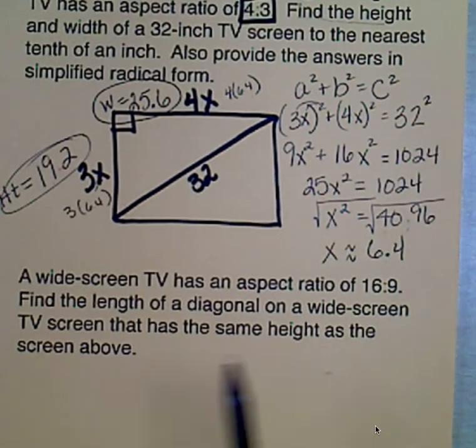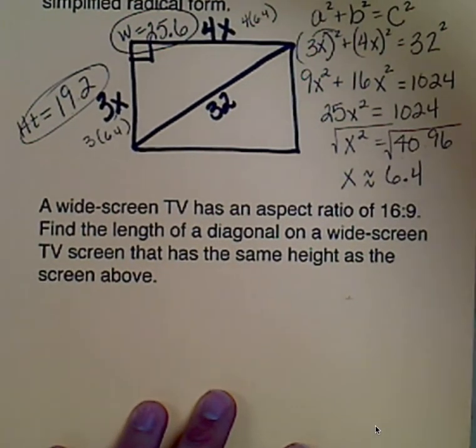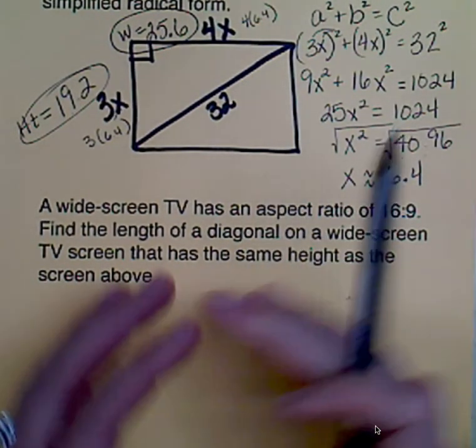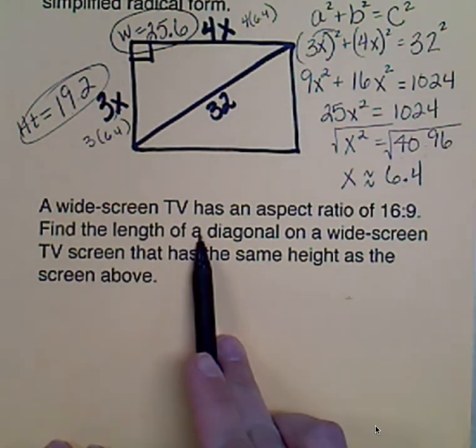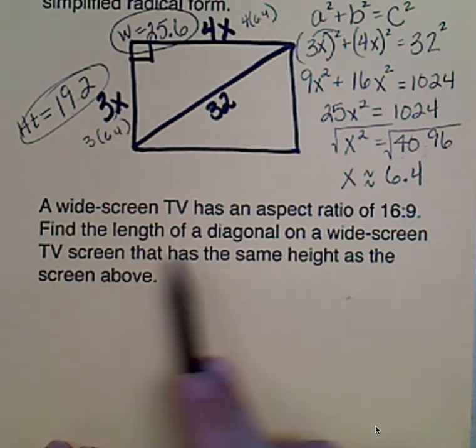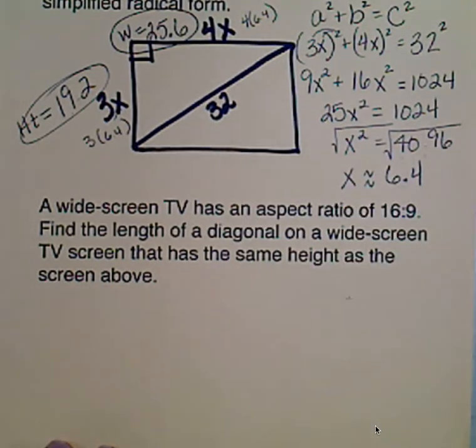Now, the second part of the question says a widescreen TV has a different aspect ratio. Think about it. It's much longer than it is tall. Find the length of the diagonal on a widescreen TV that has the same height above. So we're going to draw our picture.